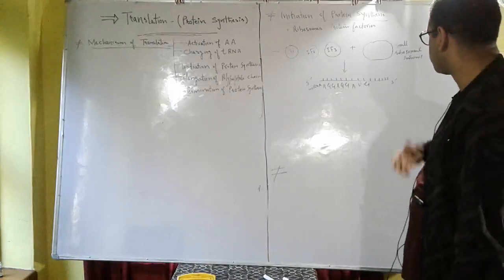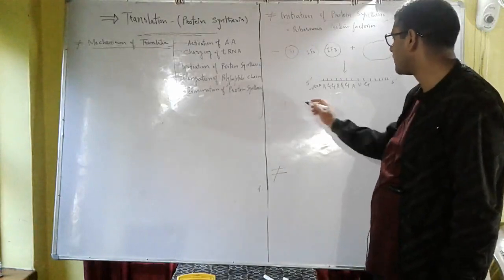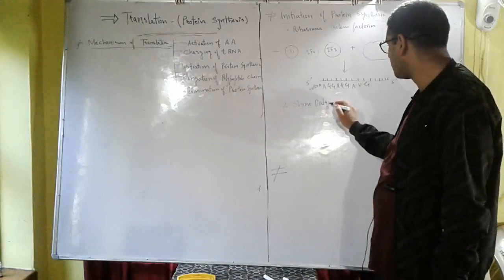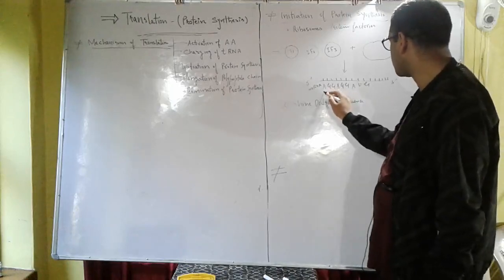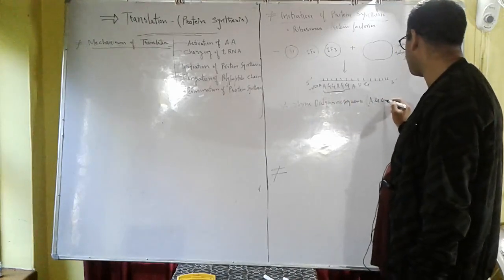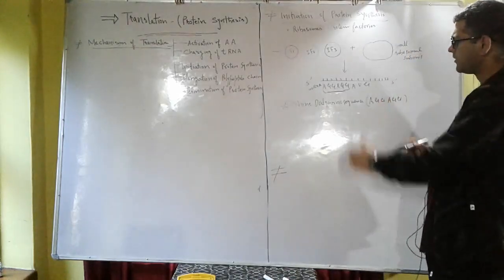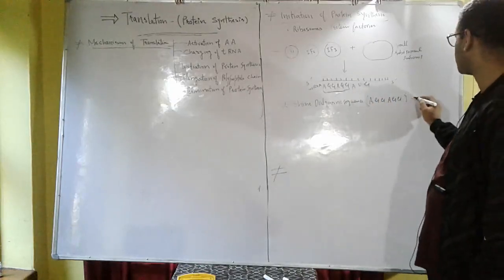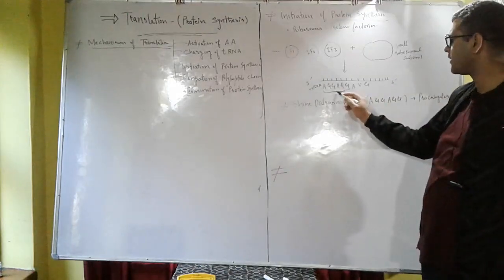Protein synthesis starts where there is a particular sequence called the Shine-Dalgarno sequence. This Shine-Dalgarno sequence, AGG, precedes the initiation codon in prokaryotes.